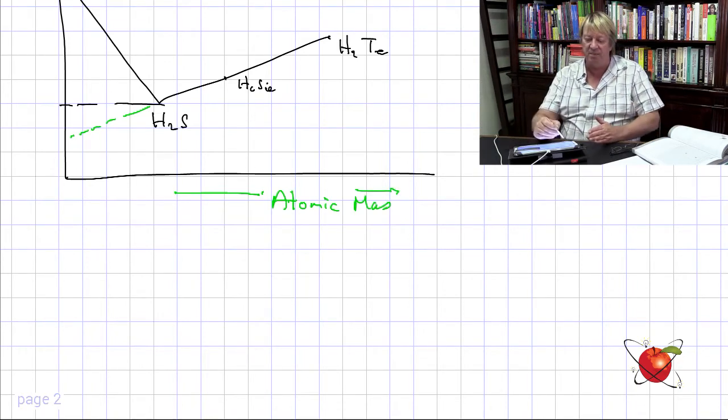So I would expect H2O has got the lowest atomic mass of all of these. And yes, I would expect the boiling point to rise. Why? It's just they're heavier molecules. I've got to put more energy in to get them moving along, haven't I? Just thinking about it in a casual way. We've got to put more energy in to get these guys moving. Water should be down here. It's light. But it's not.